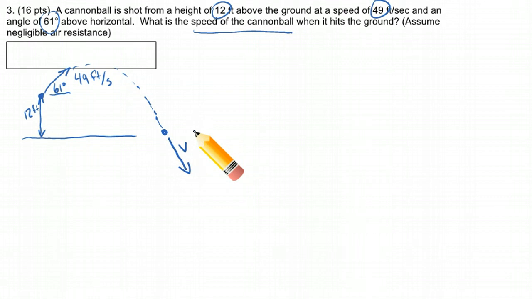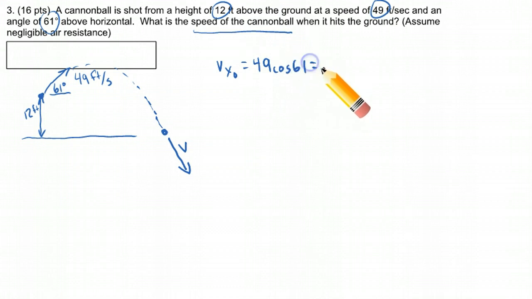So, as in projectile motion equations, we want to break it into two parts. Let's first find the velocity in x initially. That's going to be our 49 times the cosine of 61, and punching that into the calculator, 49 cosine 61, gives us 23.76 feet per second.